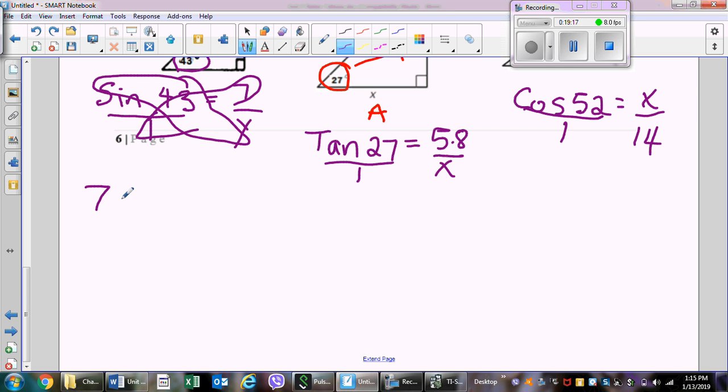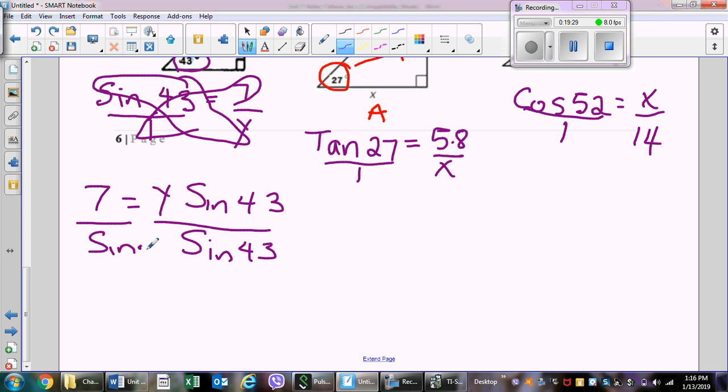So I get 7 equals y sine 43. All right, so I have to divide both sides by sine 43. So 7 divided by sine 43 equals y, since this cancels out.